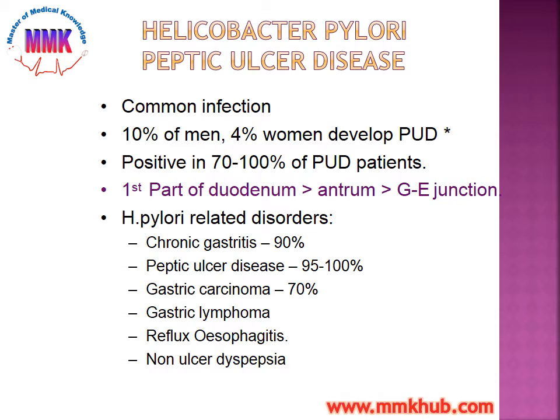H. pylori related disorders include chronic gastritis in 90% of cases, peptic ulcer disease in 95 to 100% of cases, and gastric carcinoma, in which 70% of cases have H. pylori infection. Similarly, gastric lymphomas, reflux esophagitis, and non-ulcer dyspepsia can also be related to H. pylori.